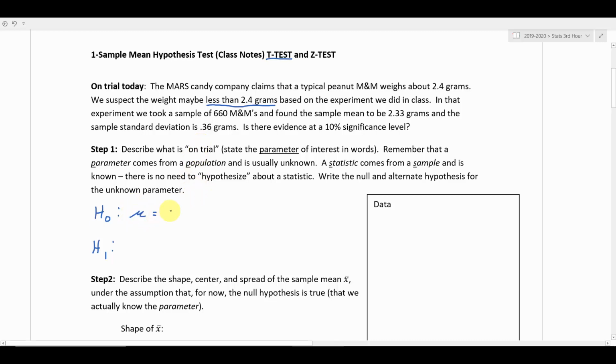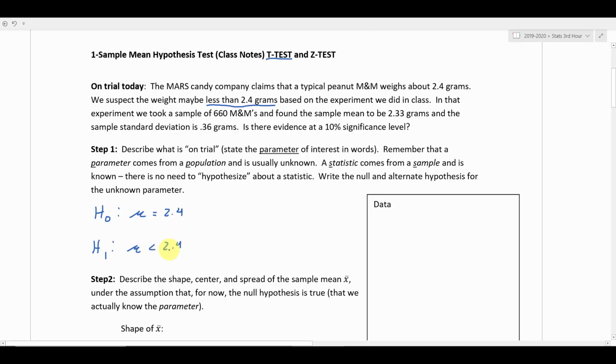So the population mean is 2.4. Alternatively, the contradiction to that would be that the mean is less than 2.4 grams. This is what we're looking for evidence for. We go and collect our evidence, trying to test whether or not the mean is actually 2.4 and trying to find evidence that would suggest that it's less than 2.4 grams.